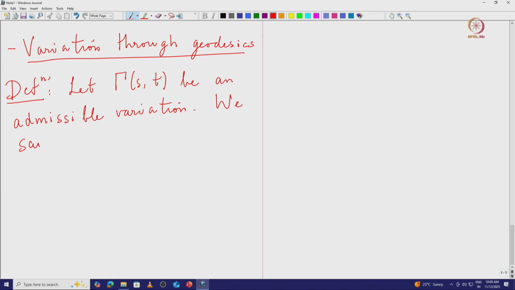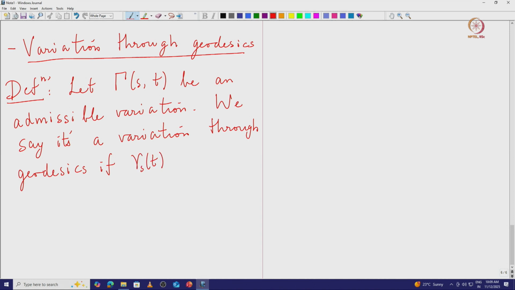We say that it is a variation through geodesics if for all s, gamma s of t, so you are looking at these horizontal curves, is a geodesic.